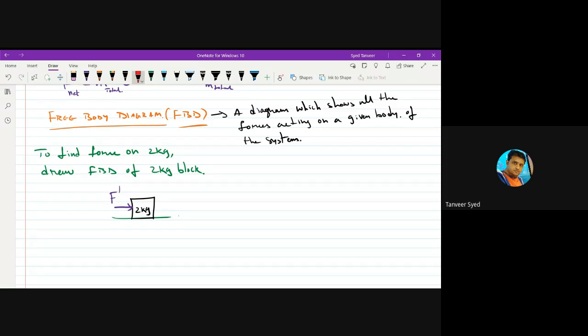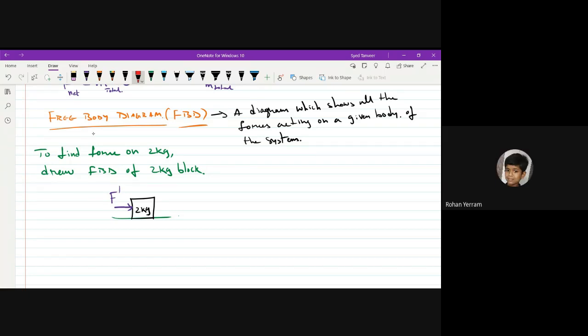Other than that force, are there any other forces on 2 kg? The gravitational force. Don't call it gravitational force, you call it weight. We have given a name to that. Weight. How much? Sir, 20. 10 meter per second. 20 newtons, sir. In which direction?